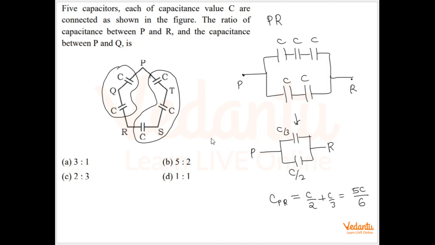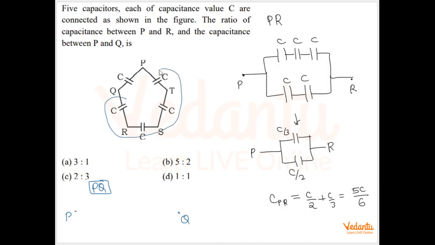Very good, my dear bacha log. Now next, let's calculate the equivalent capacitance between P and Q. Now beta, if I draw the circuit for P and Q, okay, I will draw P on one side and Q on the other side. Now in this case beta, if you see, I have 4 capacitance in series between P and Q, and then one more capacitor here.